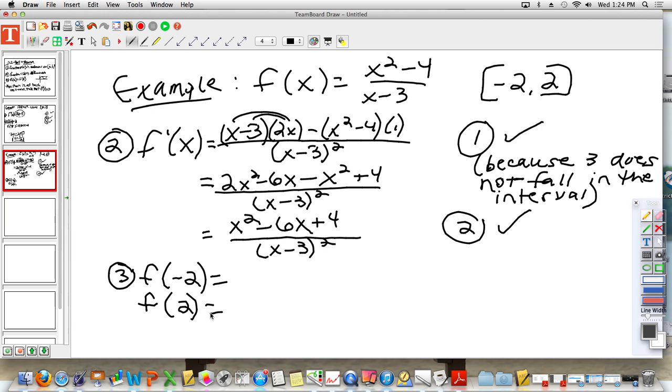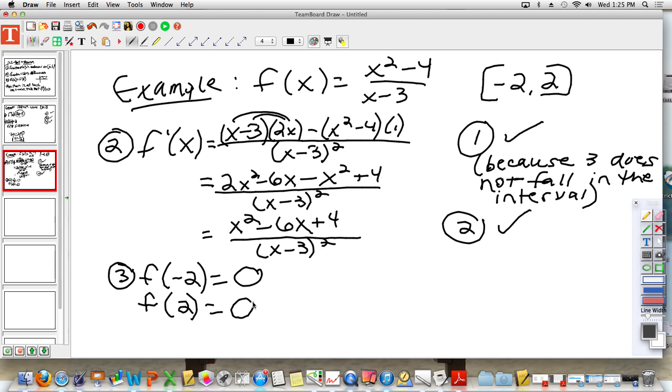So I think the easiest, quickest way to do this would be go to y equals, type in your original function, making sure that you separate the numerator from the denominator with a set of parentheses. Make yourself a table, and I need 2 answers. Zero. Yeah, you get 0 and 0, right? Alright, so f of negative 2 is 0, f of 2 is 0.